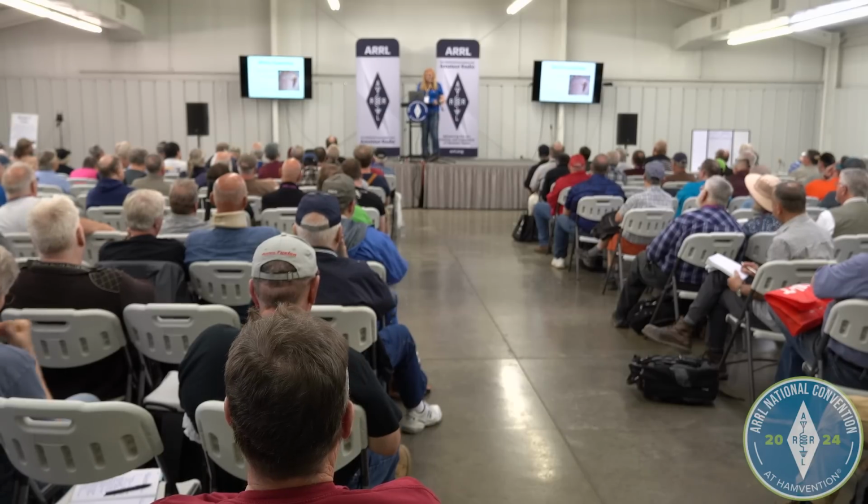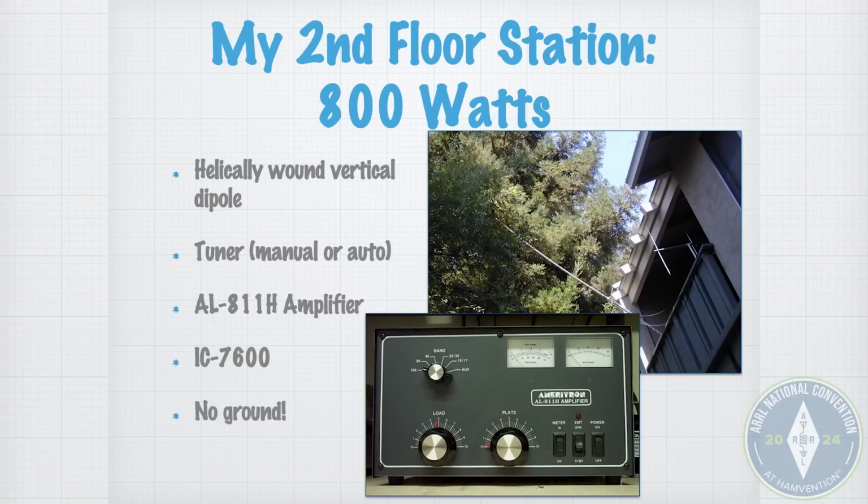It's great. So when I was still living in an apartment, I had 800 watts, a 7600, and a couple of different tuners, and no grounds anywhere to be seen. And so I used those three principles.